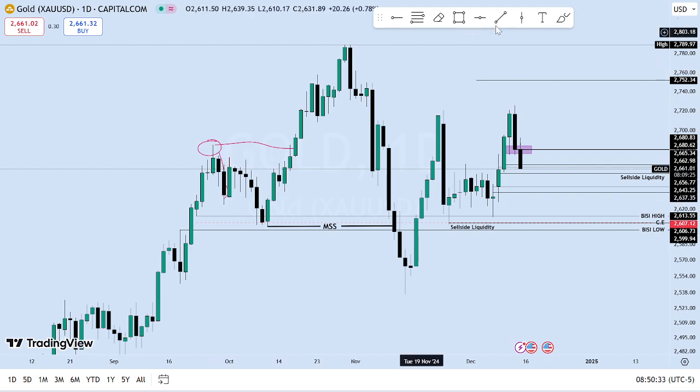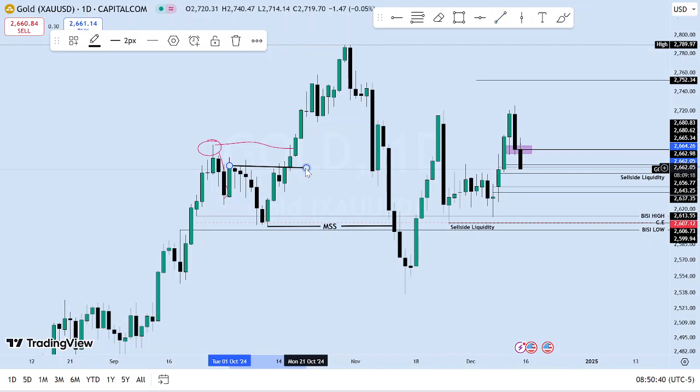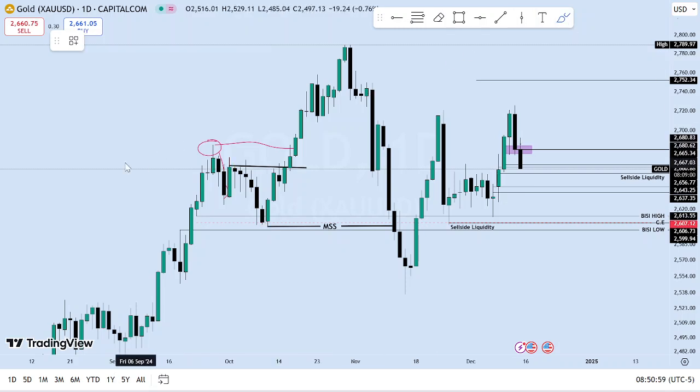Trading above it is a break-up structure. This candle now is our breaker block. We trade above it when we have a low, a high, then a lower low, something like this.